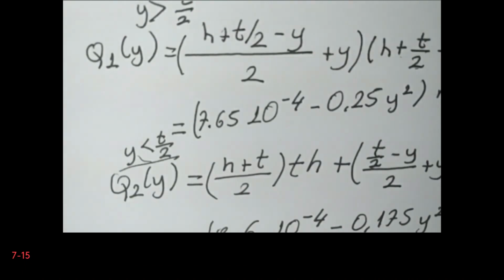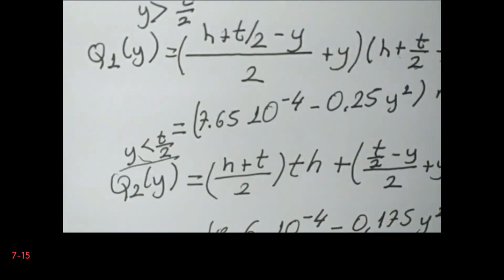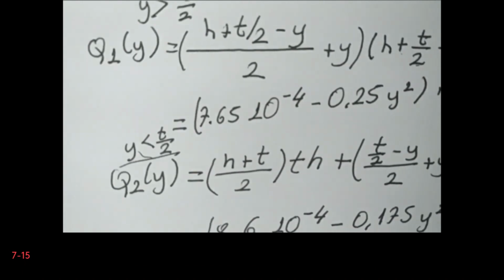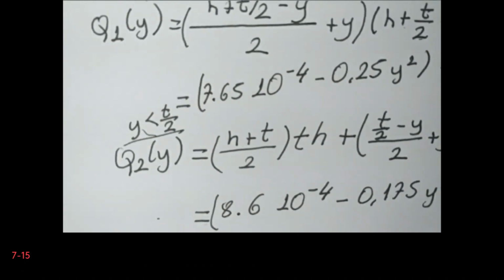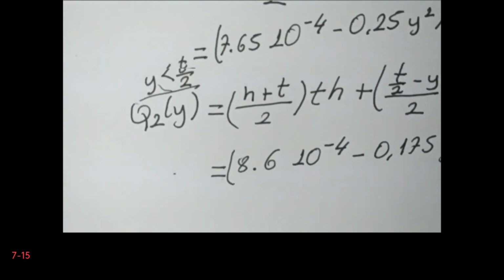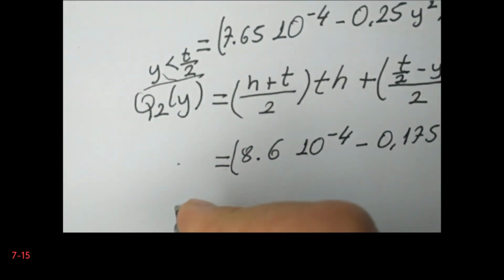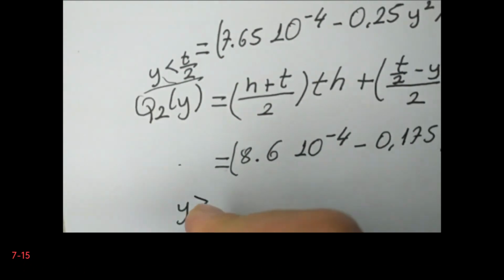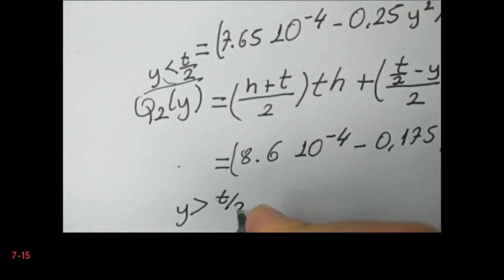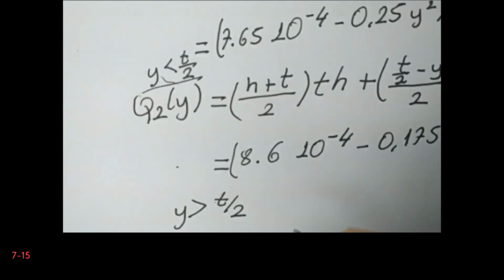In fact, we are asked for the intensity of the shear stress distribution. Therefore, we are going to have two shear stress distributions. So when y is greater than t over 2, we have T1y.